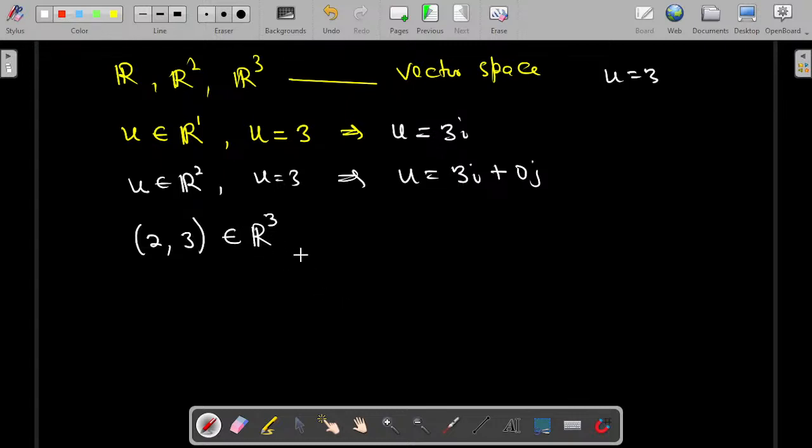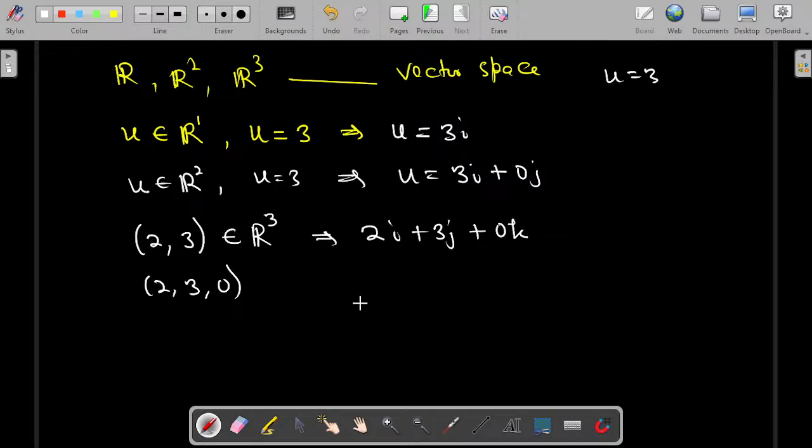That's going to be the vector 2i plus 3j plus 0k. The third component is missing, so this vector can actually be written as 2, 3, 0. It's important that you take note of that.